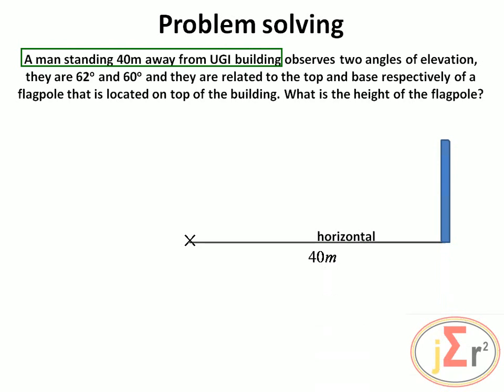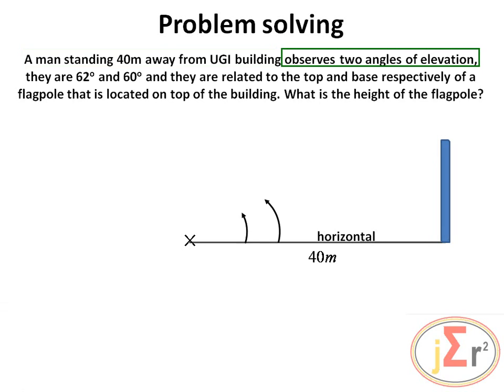So a man standing 40 meters away from the building. The man is going to be standing here 40 meters away, and this is the building. He observes two angles of elevation. Of course, they are required to go up from the horizontal.